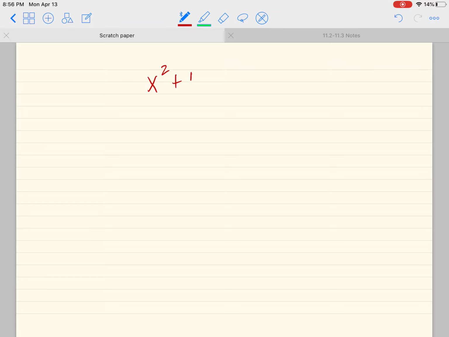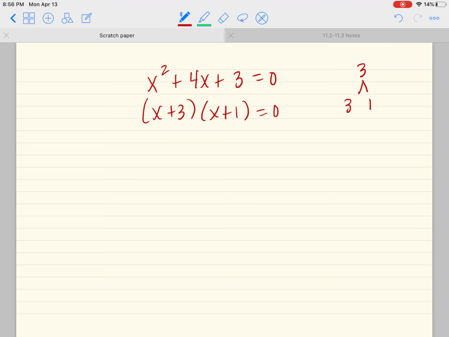If we started with x squared plus 4x plus 3 equal to 0, and I said solve it. Well, the factors of 3 that make 4 are 3 and 1. And so you would say this factors into x plus 3 and x plus 1. And that means here that negative 3 is a solution. And that means here that negative 1 is a solution. So all we got to do is work backwards. We're going to figure out, we have these answers now, what equation makes that happen?